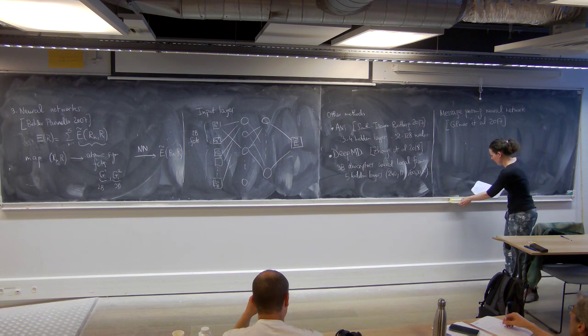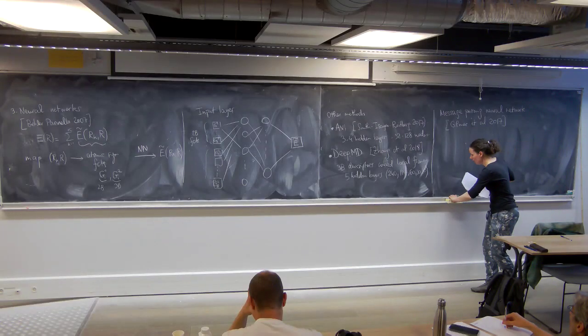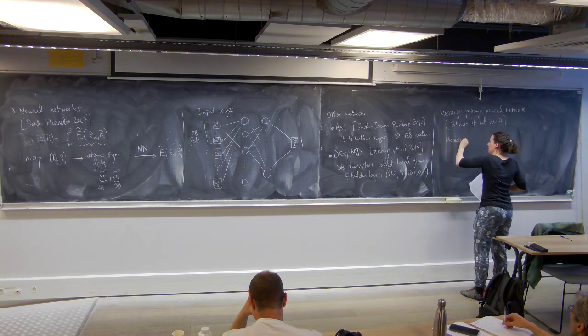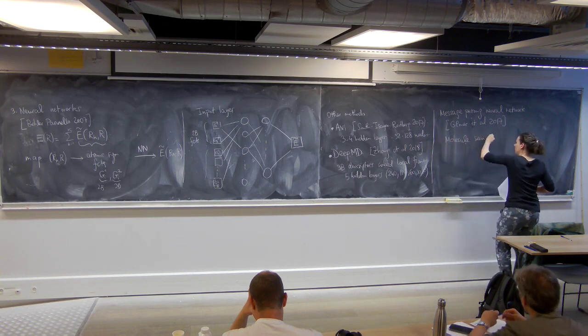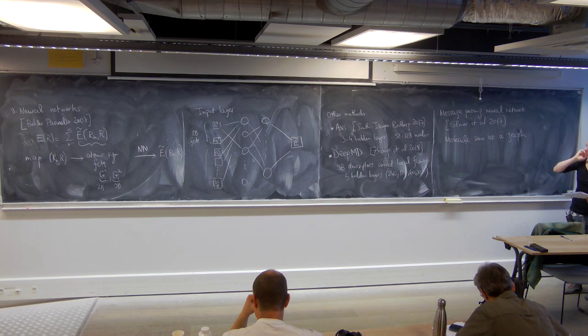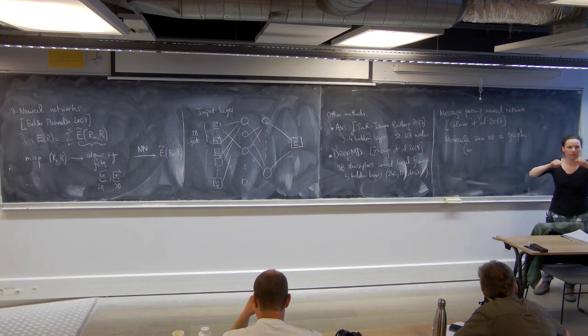Okay, so the first thing is that the molecule is seen as a graph. Basically we will consider links between the atoms if the atoms are within some cutoff radius.